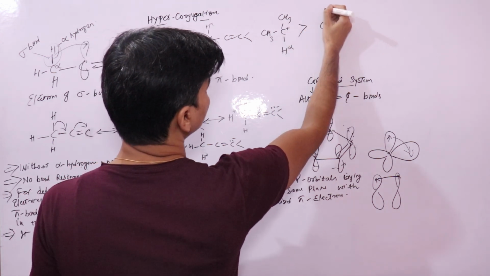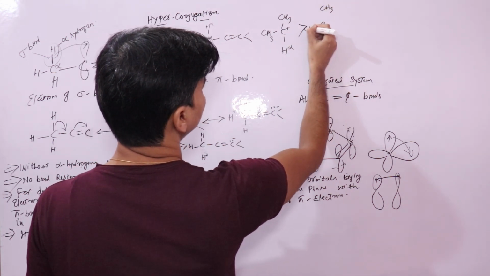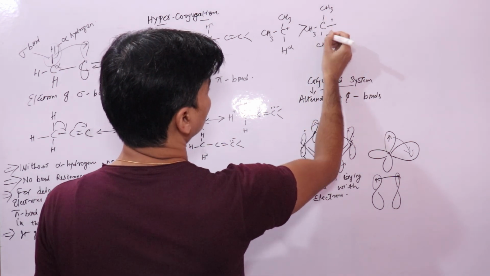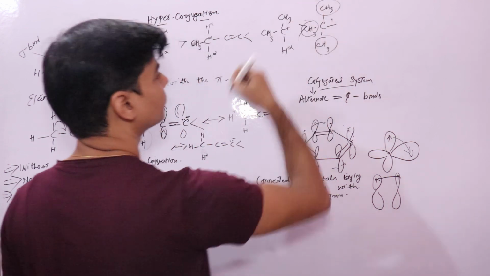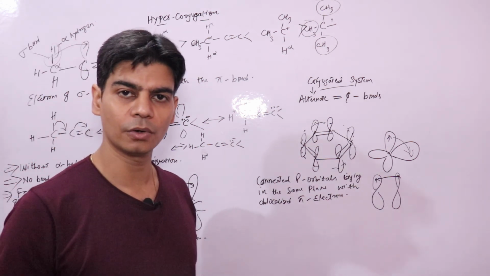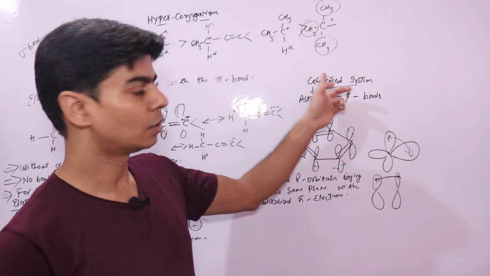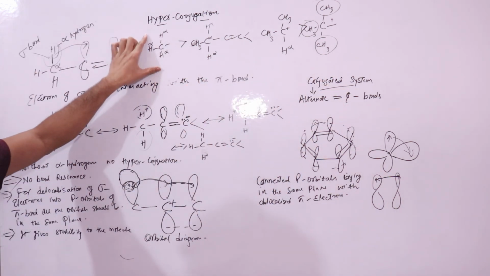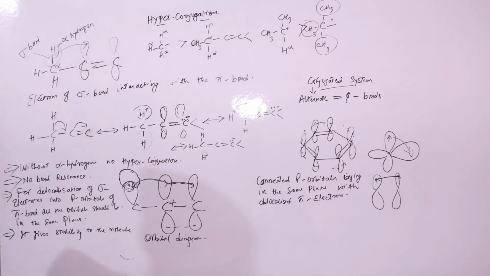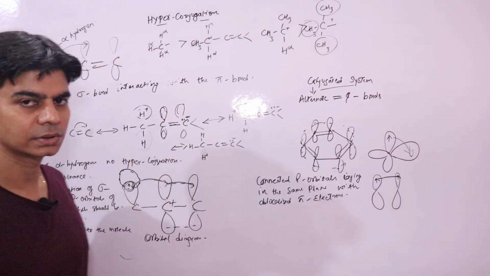Now suppose I take this, I have no alpha hydrogens, so this will show minimum hyperconjugation activity. So hyperconjugation activity will increase with an increase in the number of alpha hydrogens. That is why we got this order. Here you have the maximum number of alpha hydrogens, so here you have maximum hyperconjugation activity. I hope all this is clear. Thanks.